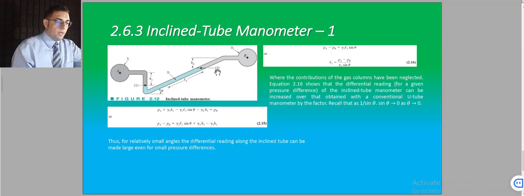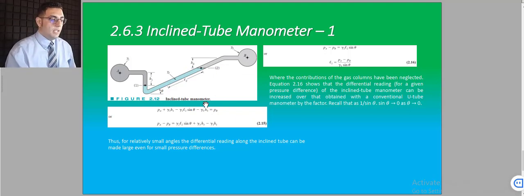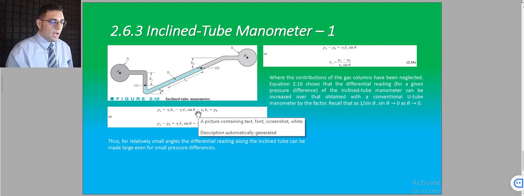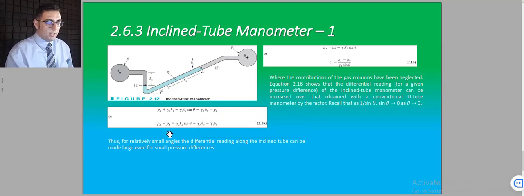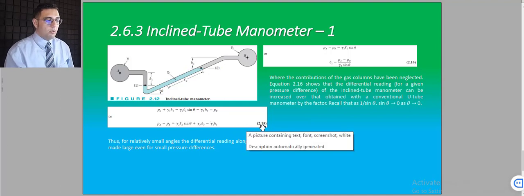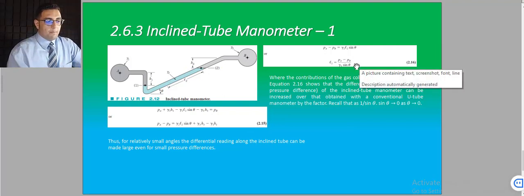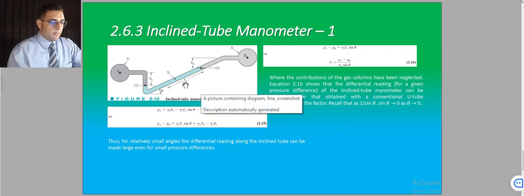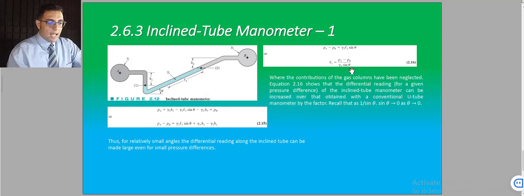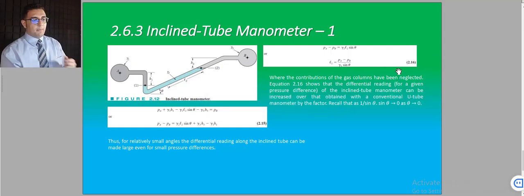And when again we go upward, the pressure is going to decrease. This is the main reason why we have negative signs here and here. Doing the whole calculation, we have equation 2.15. In order to simplify it for finding the length L2, we can have equation 2.16.